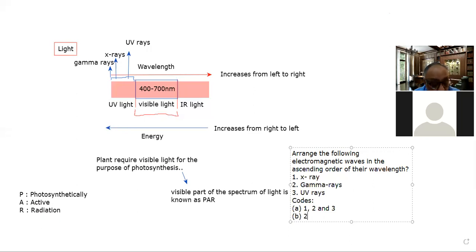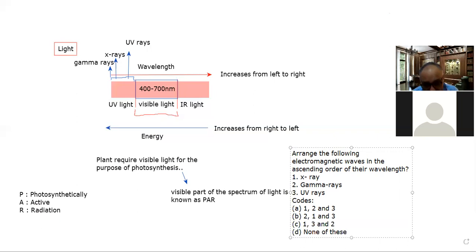The third code is 1, 3, 2. And the fourth code, let's suppose the examiner has mentioned, is none of these.